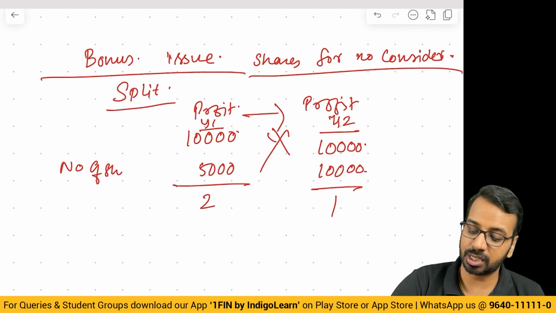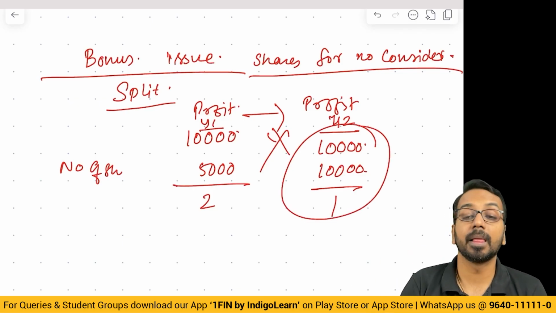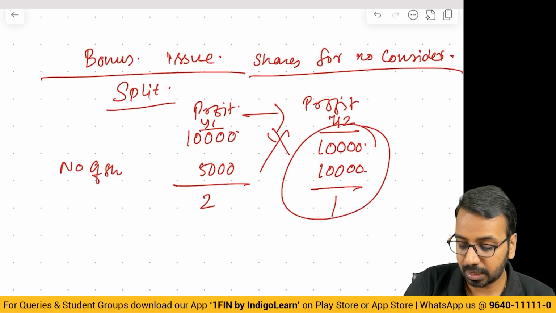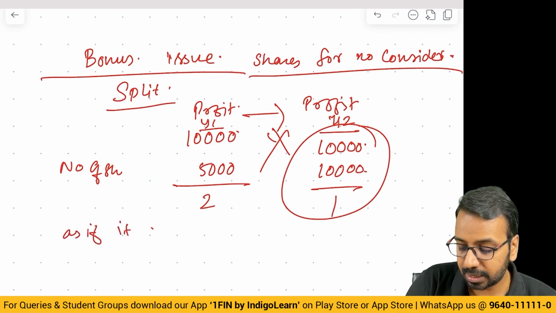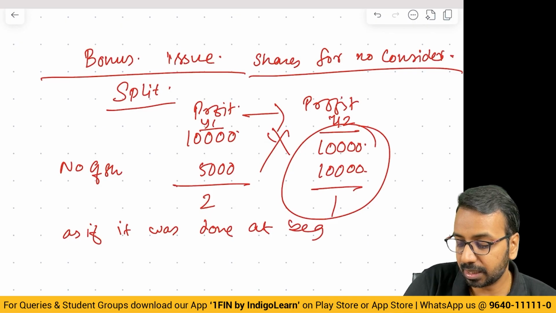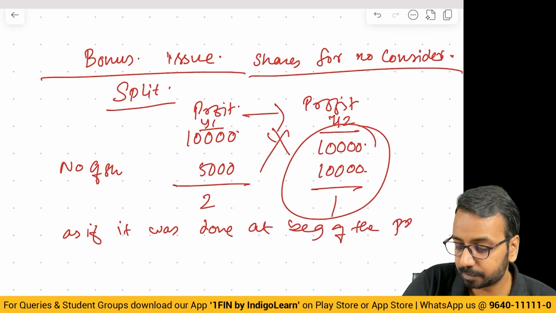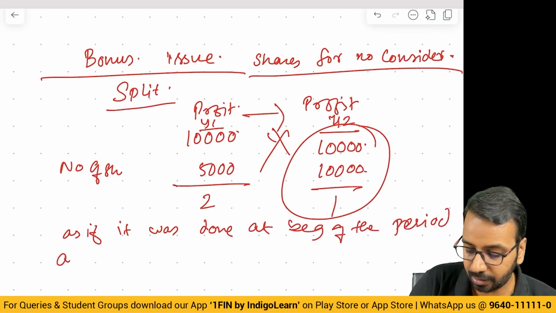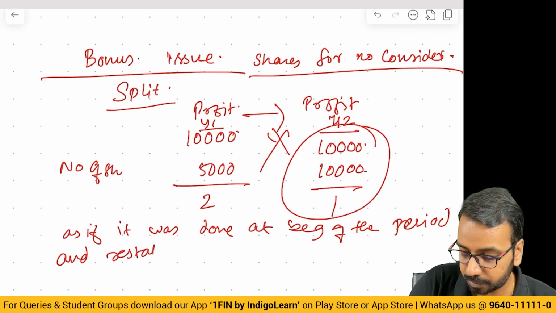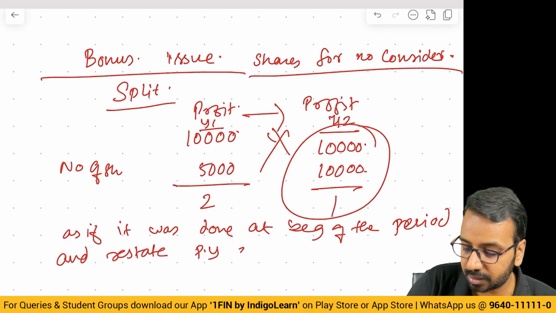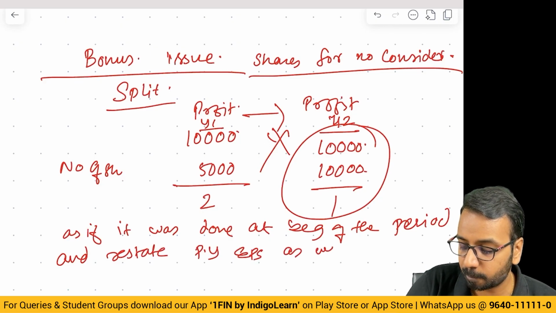So what the standard says is, whenever there is a bonus issue, you will treat it as if it was done at the beginning of the period and restate previous year EPS as well.